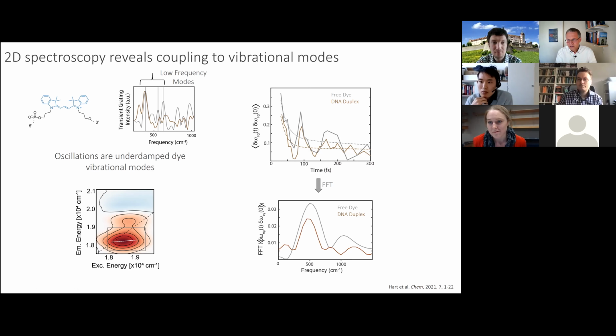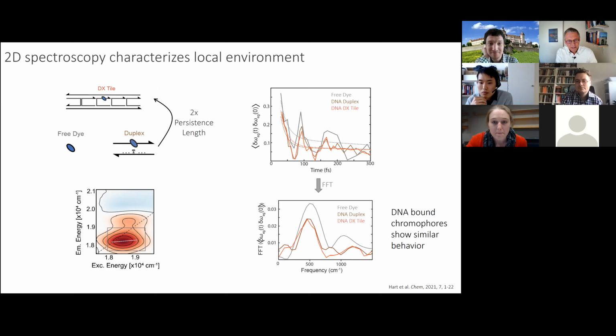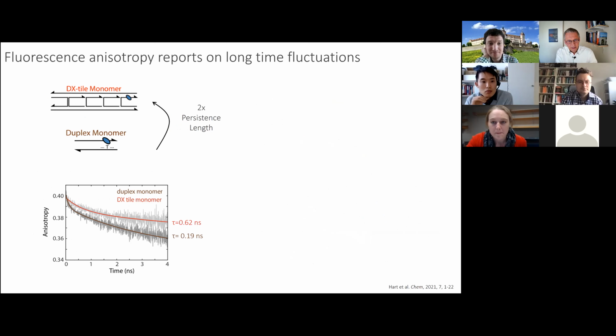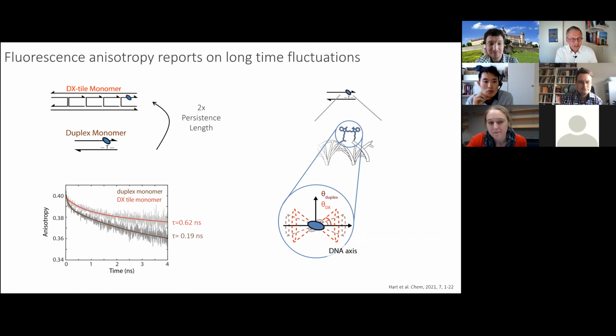Can I ask a question? Stephanie, when you go to the anisotropy, could you please go to that slide? The anisotropy slide. Oh, yeah. Yeah, so here, yes, right. Well, you have here a monomer and a duplex monomer, right?